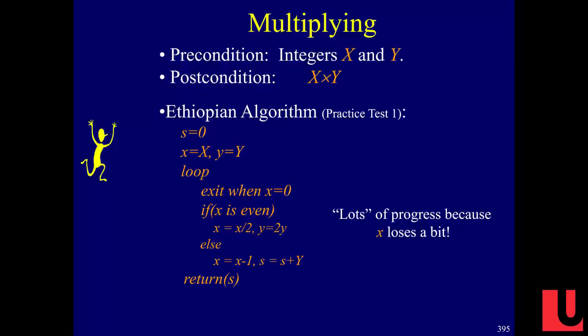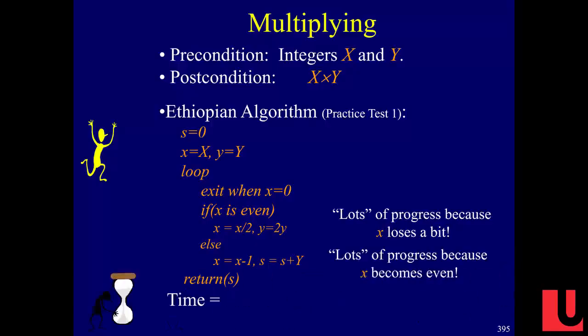You have a pile of x and a pile of y, and you keep dividing the x and multiplying the y. If x is odd, then you add the current value of y to your other pile. People kind of following this?